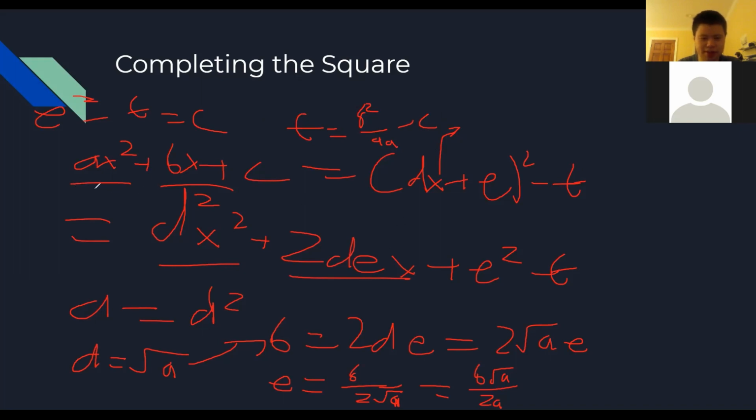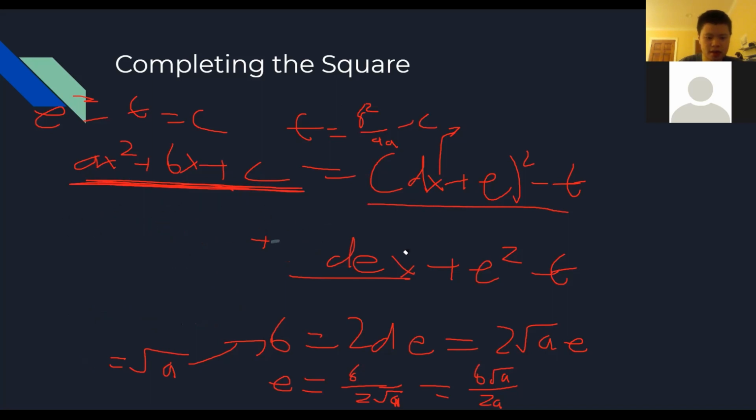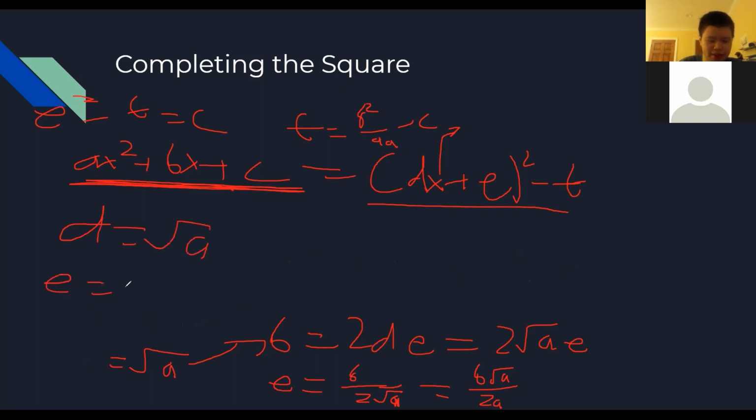If you wanted to turn the quadratic like this into this form, you would have d equals square root a, e equals b over 2 square root a, and f equals b squared over 4a minus c.